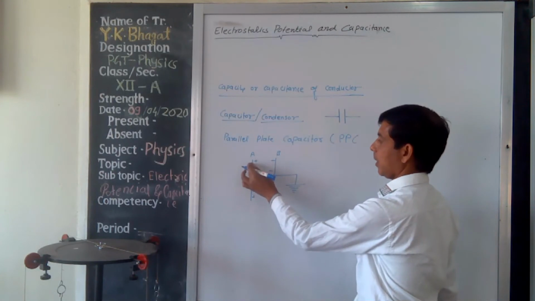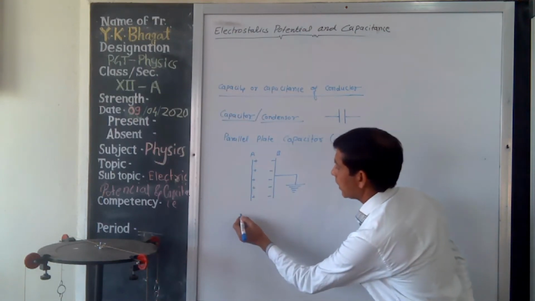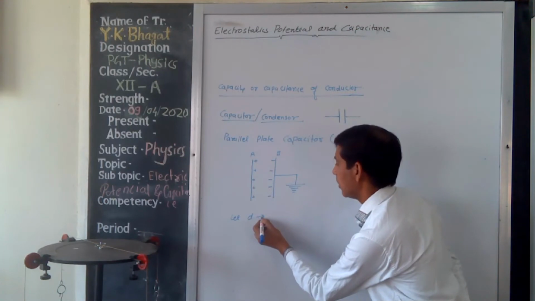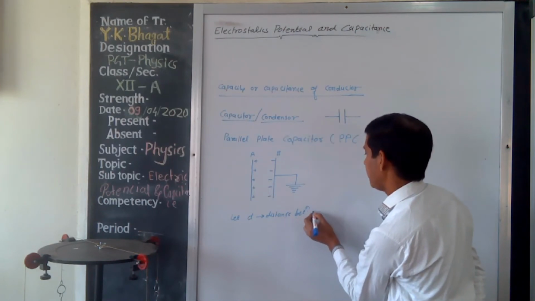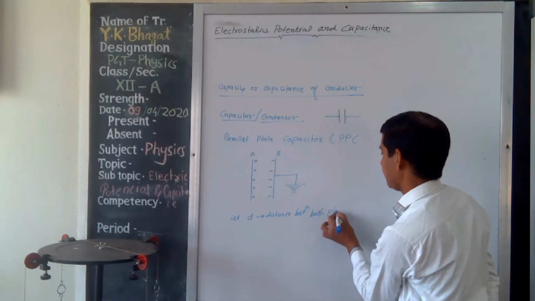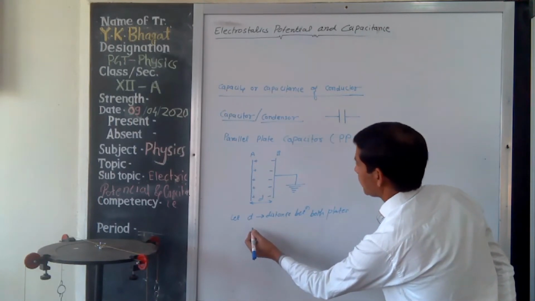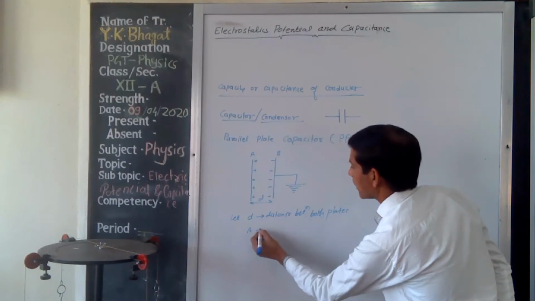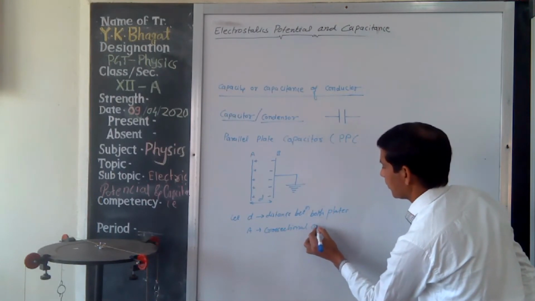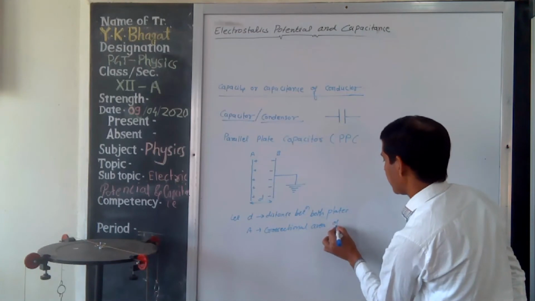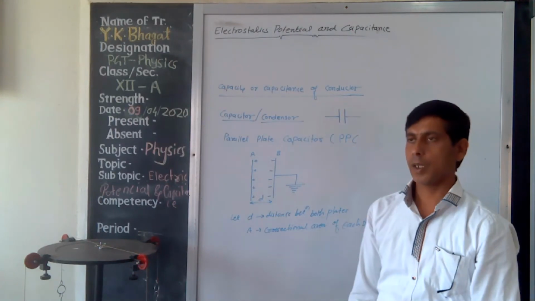Since both conductors are identical, let D be the distance between both plates, and A the cross sectional area of each plate.